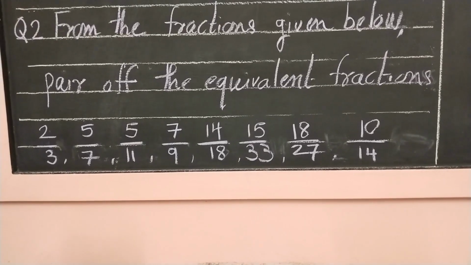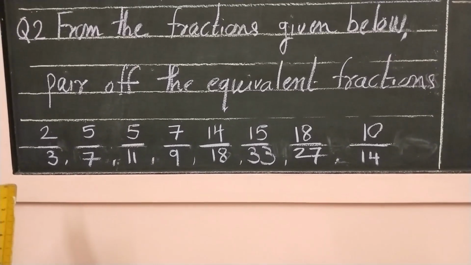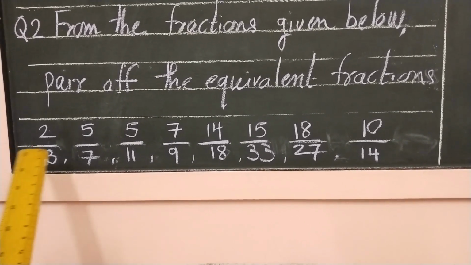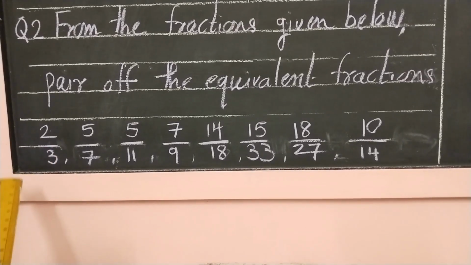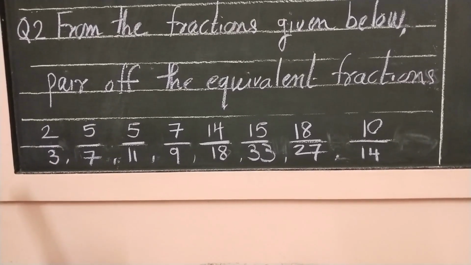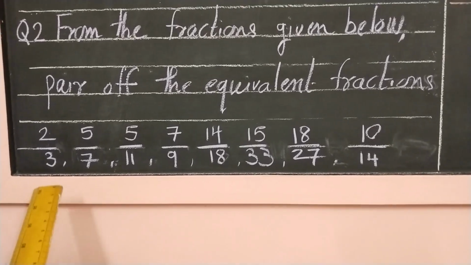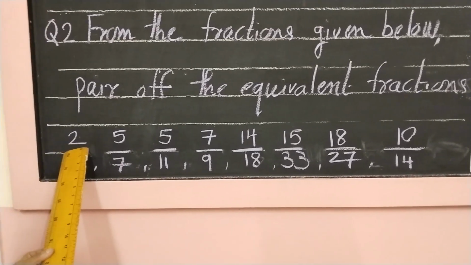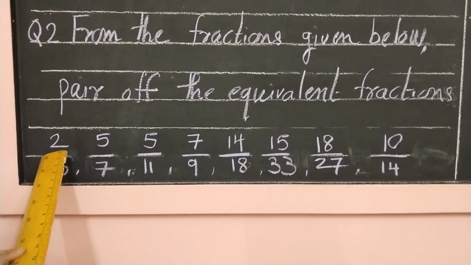So the first step is to decide whether you want to take the smallest numerator or the smallest denominator, and then we will start. Now, by choice, let me take this as the smallest numerator.